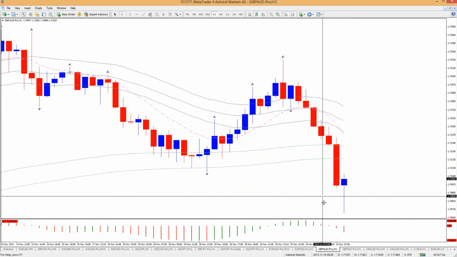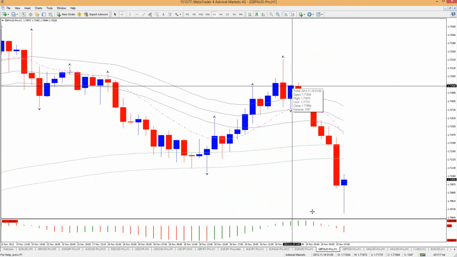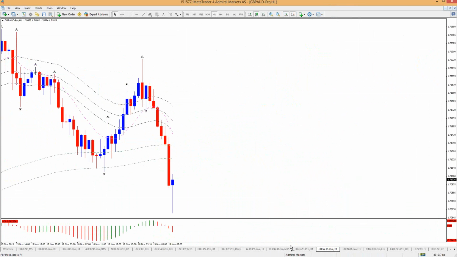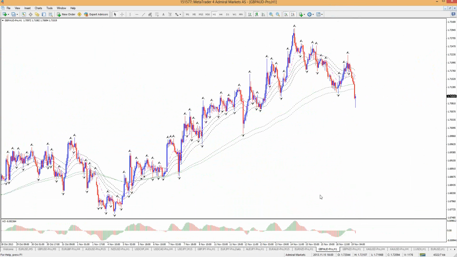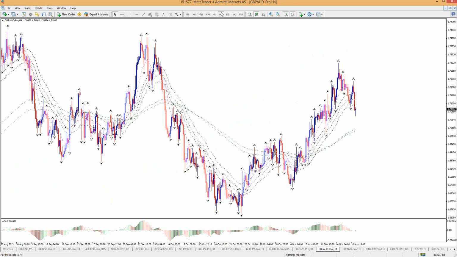We're down a lot of pips since then. For our chart, pretty bullish still. Although, of course, the fact that we are making a lower low on the 4-hour chart now, slowly but surely seeing a reversal take place here, right?